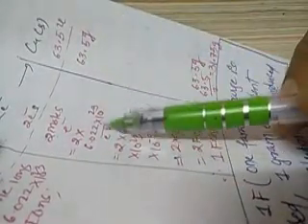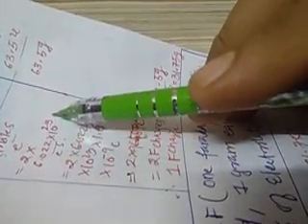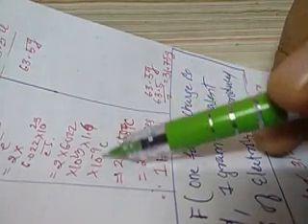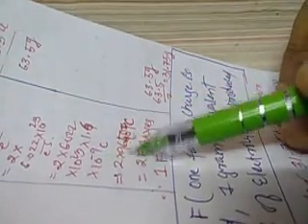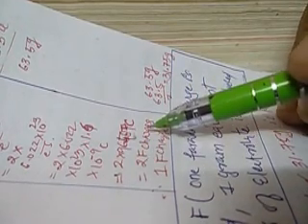Now look at this calculation. 2 moles of electrons means 2 × 6.022 × 10^23, multiplied by the charge present on each electron, and finally we get 2 × 96487 coulomb charge, which is known as 2 Faraday charge.